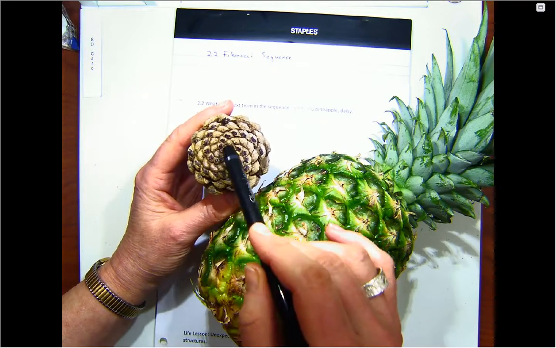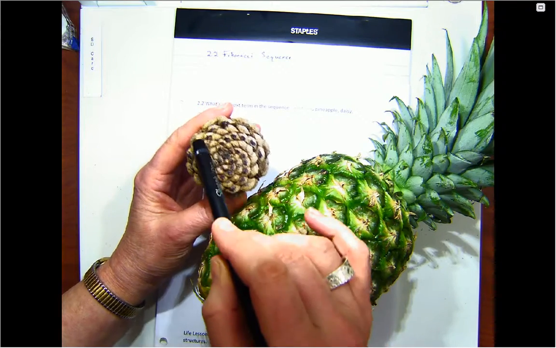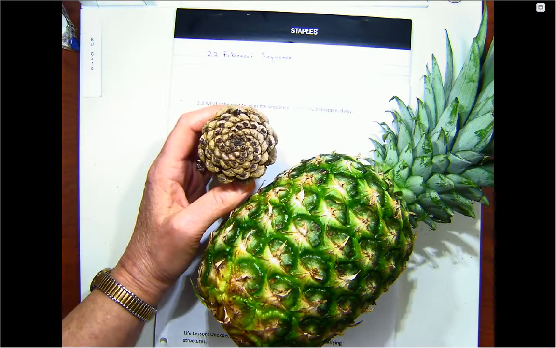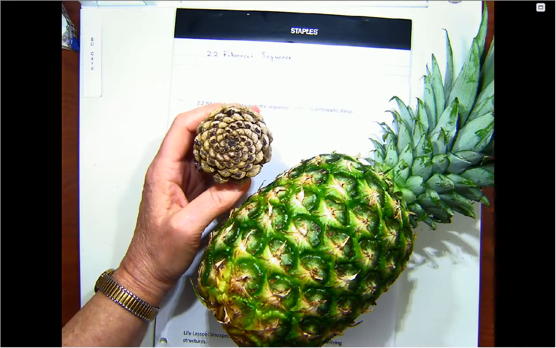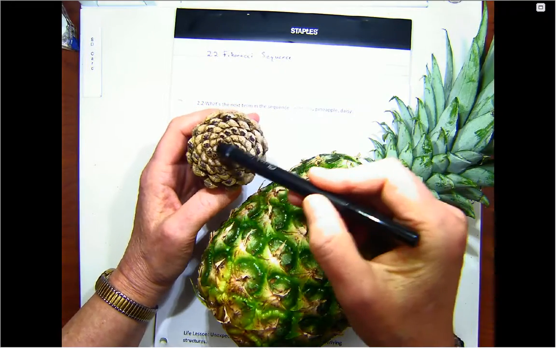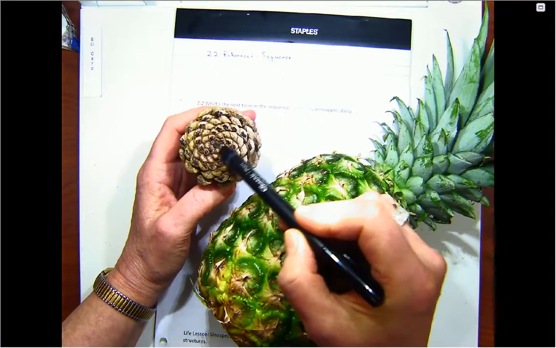So you have these spirals going down, and I would count off how many spirals there are. And it turns out you have spirals going clockwise and counterclockwise. So not only am I going to ask you to count the spirals going clockwise, as these are sketched, I'm going to ask you to count the spirals going counterclockwise.